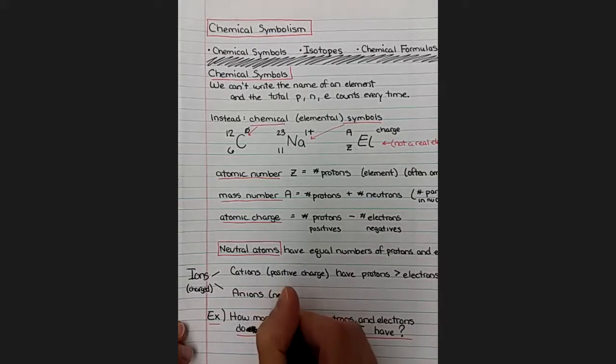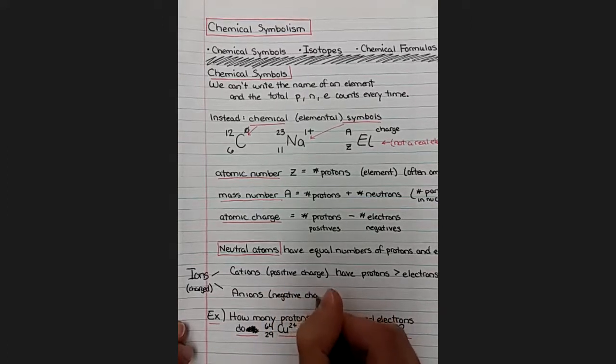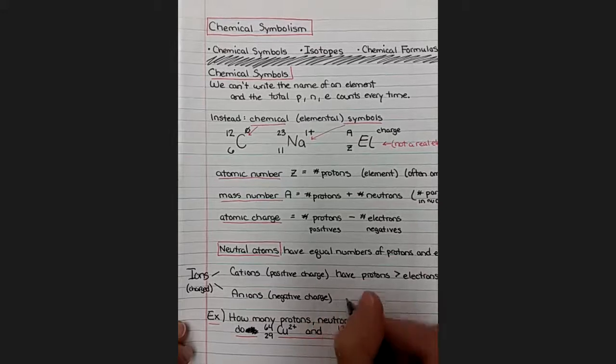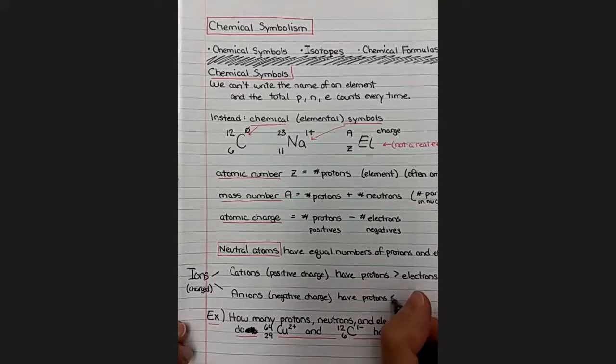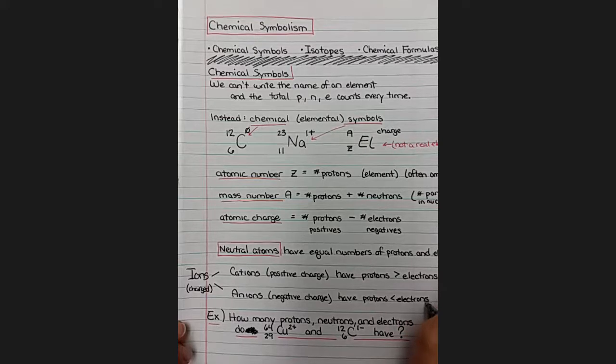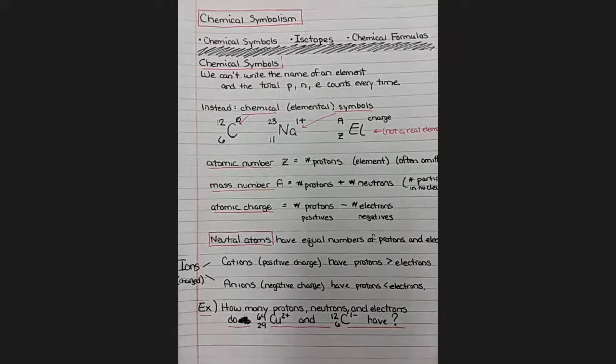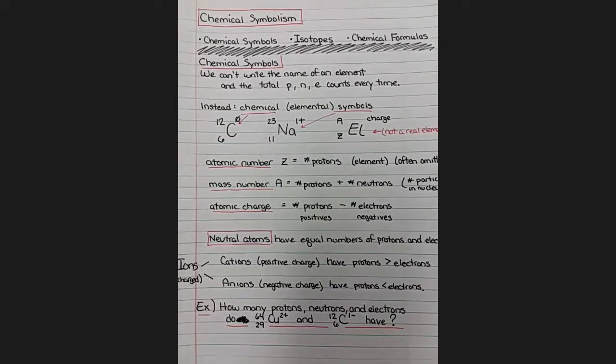So anion is negative, and they have a number of protons less than the number of electrons. And if you add the number of positive and negatives together, that will tell you the net charge.